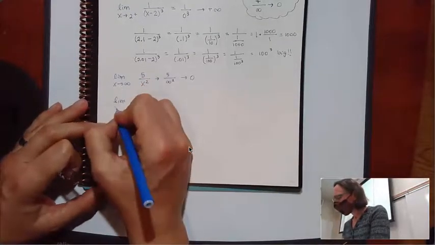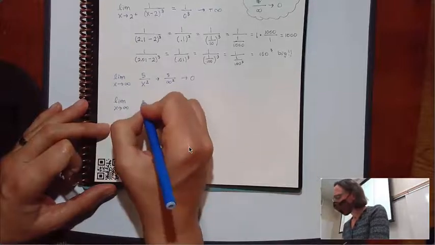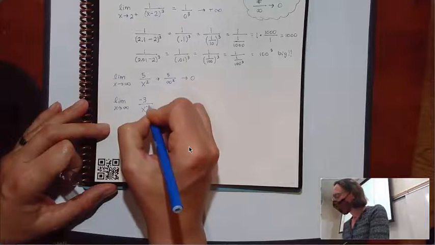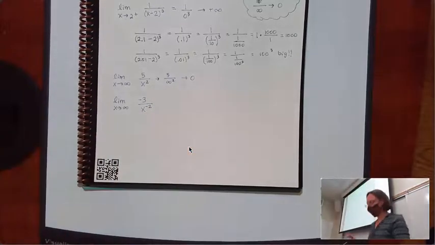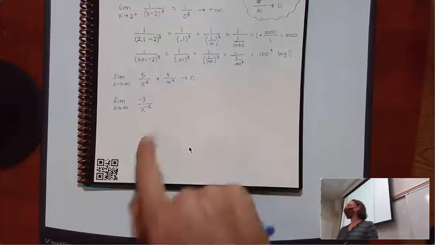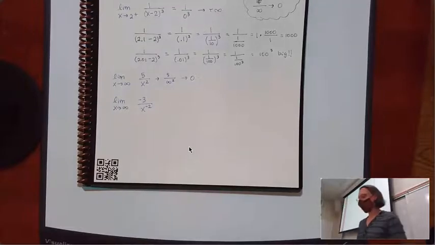If I looked at the limit as x approaches infinity of -3 over x to the -2, I probably want to simplify this a little bit first before I try to take the limit. Because if I just plug infinity into the bottom, I'm going to have infinity to the -2 power in the denominator.